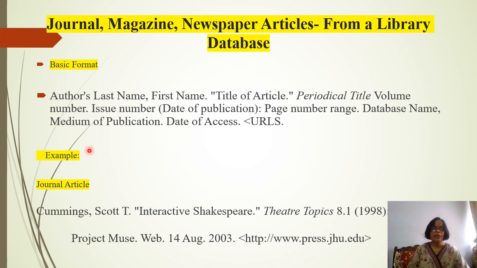So example, let us take one example, and the first example is from the journal article. If an article which we have taken from a journal. So here what we have to do, like Scotch T Cummings is here, so Cummings comma Scotch T, then article's name Interactive Shakespeare, then the periodical's title.